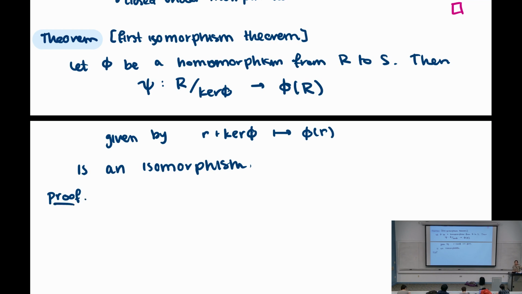Okay, so what do we need to prove in order to prove that this psi is an isomorphism? Yeah, we have to prove that it's bijective. We have to show that it preserves the operations.